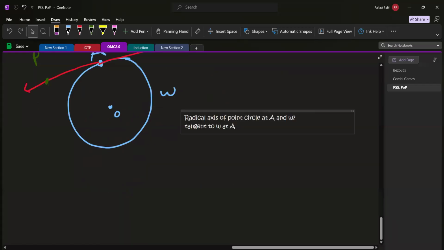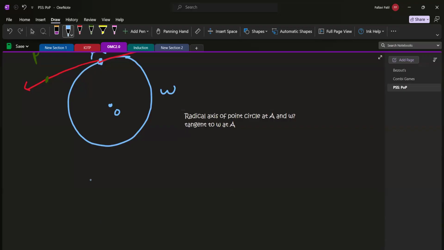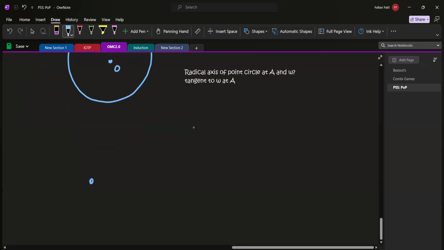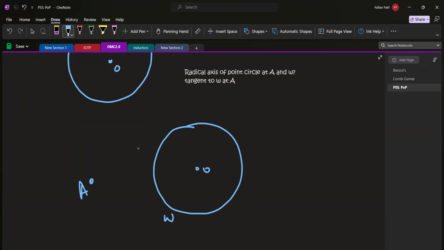Another case to consider is when we have a point circle outside. What is going to be the radical axis of A and omega now? And this one's not that neat of an answer.